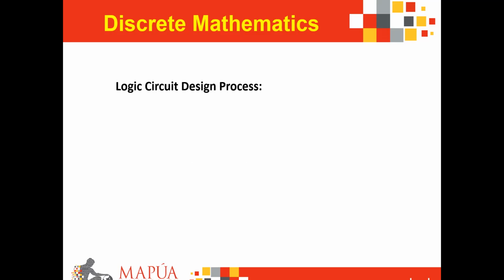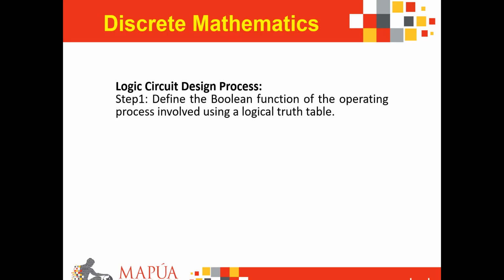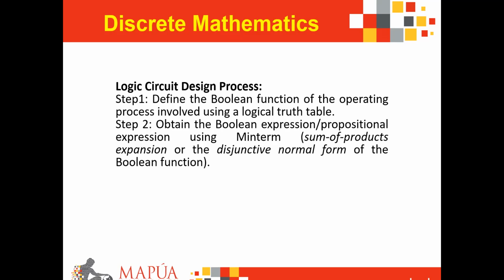Let's then see how this fits into our logic circuit design process. Step 1 involves defining the Boolean function of the operating process involved in your respective design using a logical truth table. Step 2 involves obtaining the expression or Boolean function in min terms using sum of products.